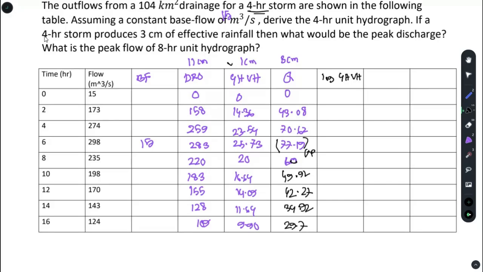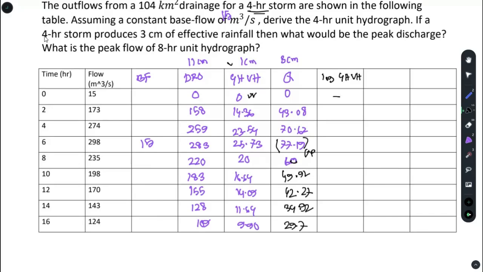So I'll not write anything here. This value of zero, which was for time zero, would be for after 4 hours if I lag it.